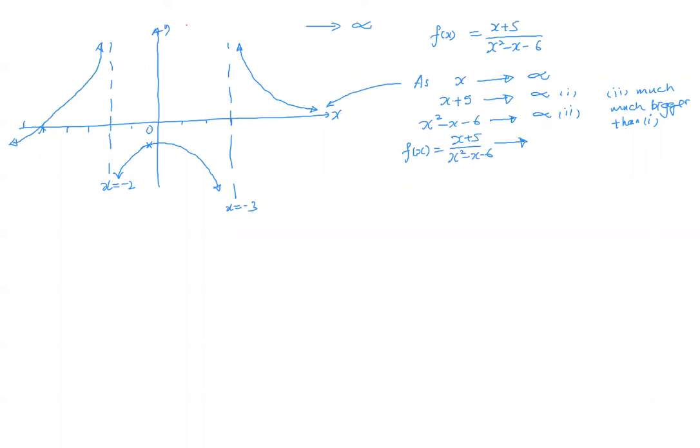You imagine a big number divided by a very, very, very big number. Zero. Yes, it will approach 0.